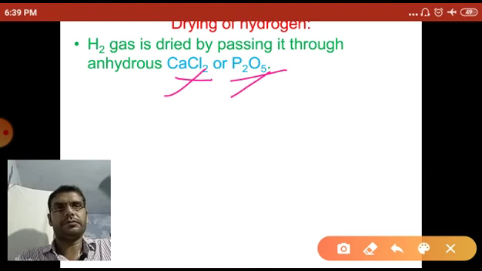Anhydrous calcium chloride is a drying agent which absorbs the moisture present in the hydrogen gas.